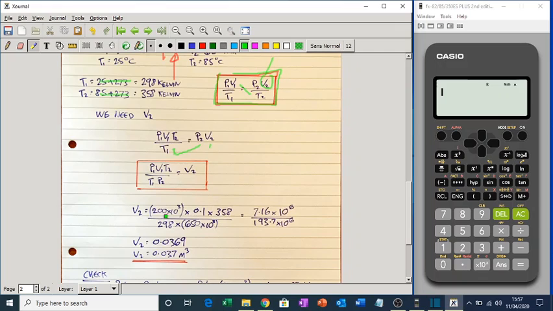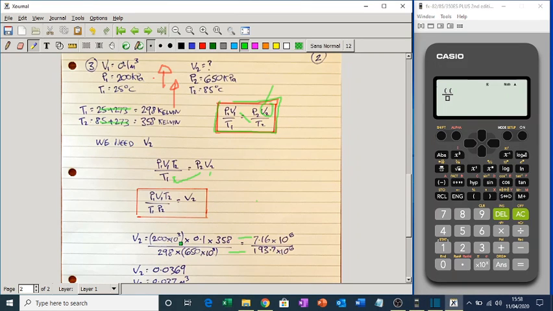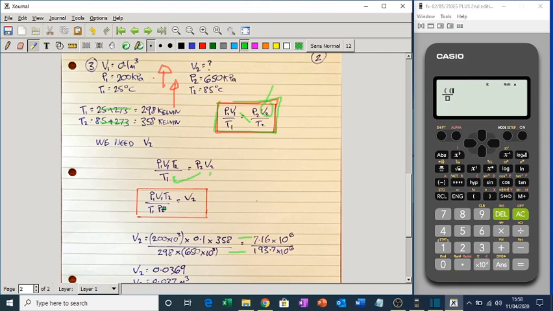What I've done here is, just to make sure everything goes correctly, I've worked out the top bit and then I've worked out the bottom bit. Obviously if you keep it all in one go, it's a lot easier, so we'll do this, open a bracket. So 200 is P1, just to make sure, yeah. V1 is 0.1 and T2 is 358 Kelvin.